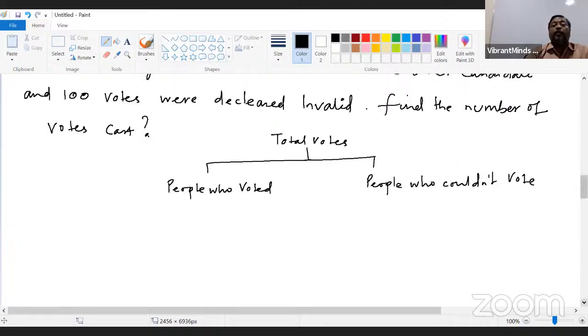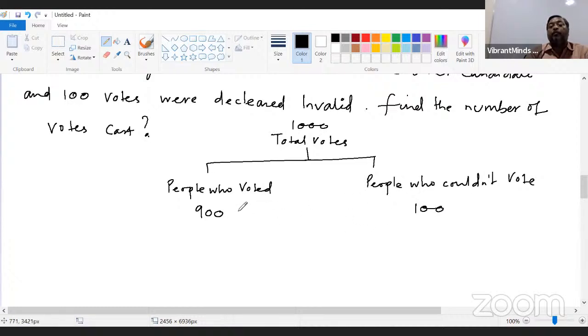Let's say we are having an election of a local corporator, and somebody who might have gone to the US for an online job for 5 years might not come for this. So he will be counted as people who couldn't vote. Now let's say we have 1,000 votes. 900 people voted and 100 couldn't vote.